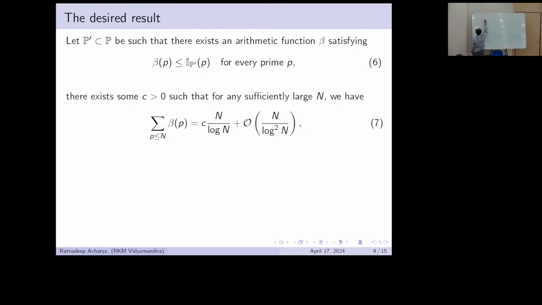The sum of I p prime of p, p up to x, is x by log x plus some error term.